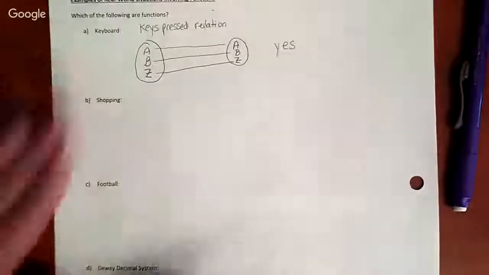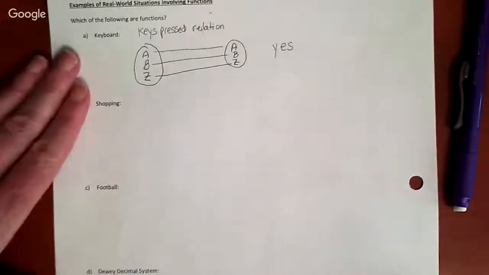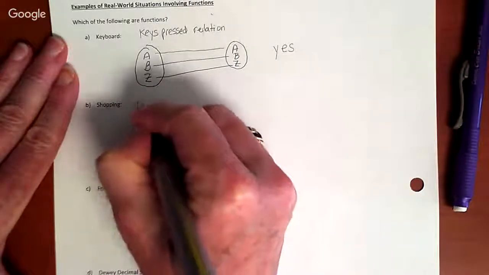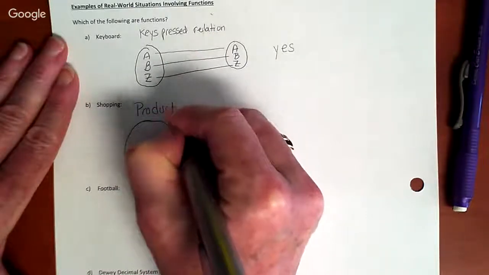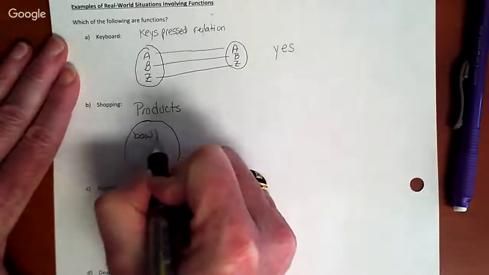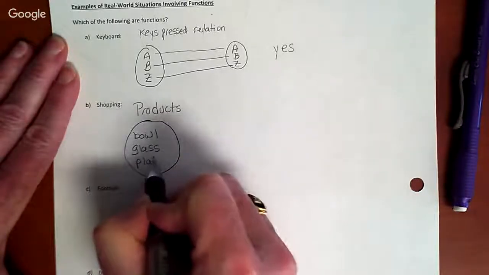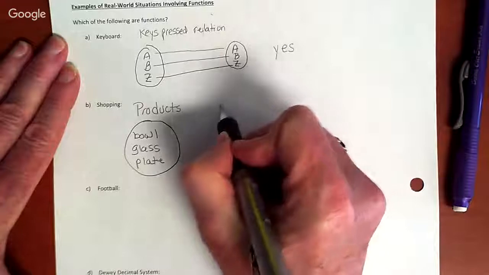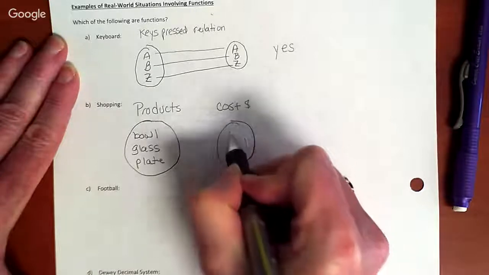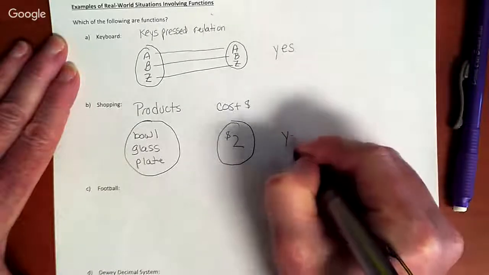If I were to go shopping and buy some products, for example, a bowl, a glass, and a plate, and their cost were all $2, this would be a function.